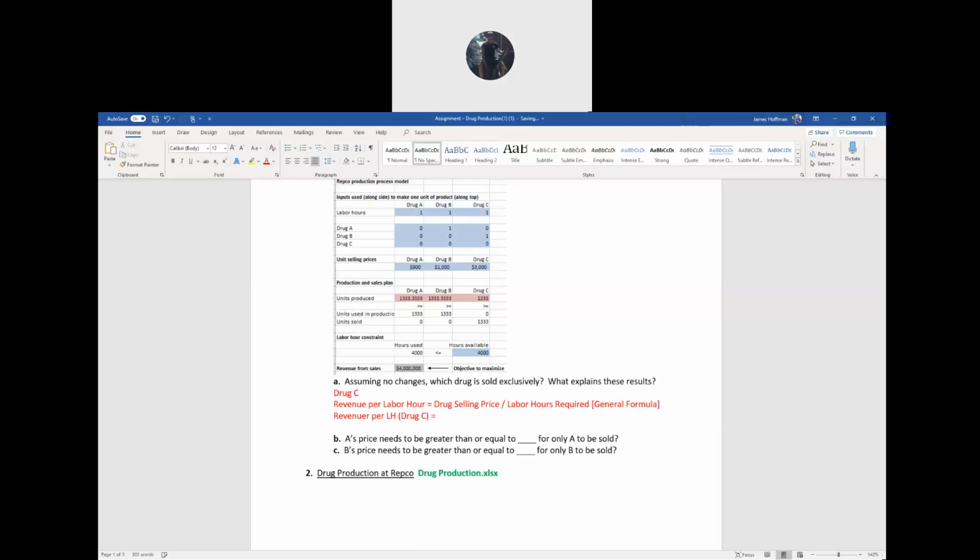So the revenue per labor hour for drug C is the selling price of drug C, which, just look here, unit selling price, 3,000. And the labor hours required, we have to figure that out. You've got to work backwards.